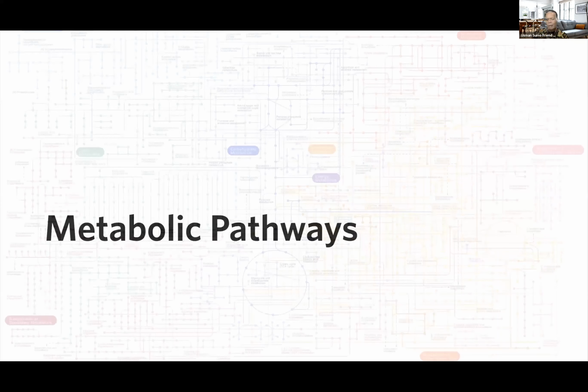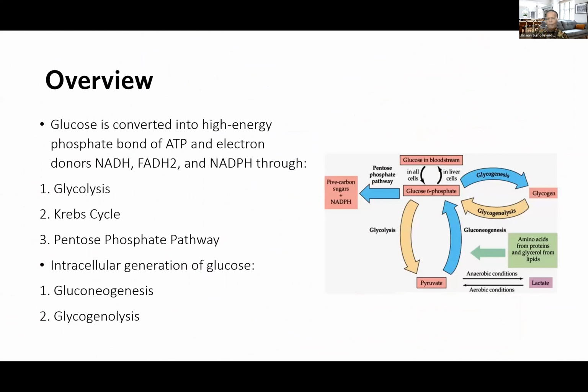Now let us discuss metabolic pathway. Next slide, please. The metabolic pathway of glucose will explain that glucose is converted into the high energy phosphate bond of ATP and electron donors NADH, FADH2, and NADPH.